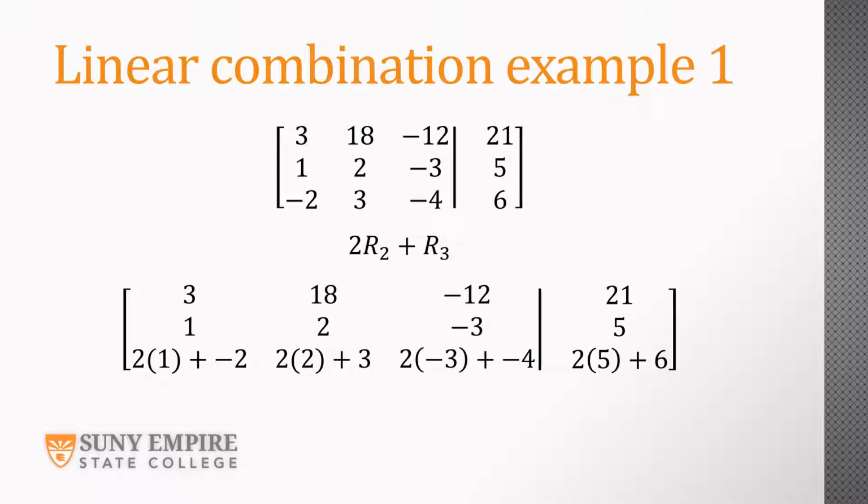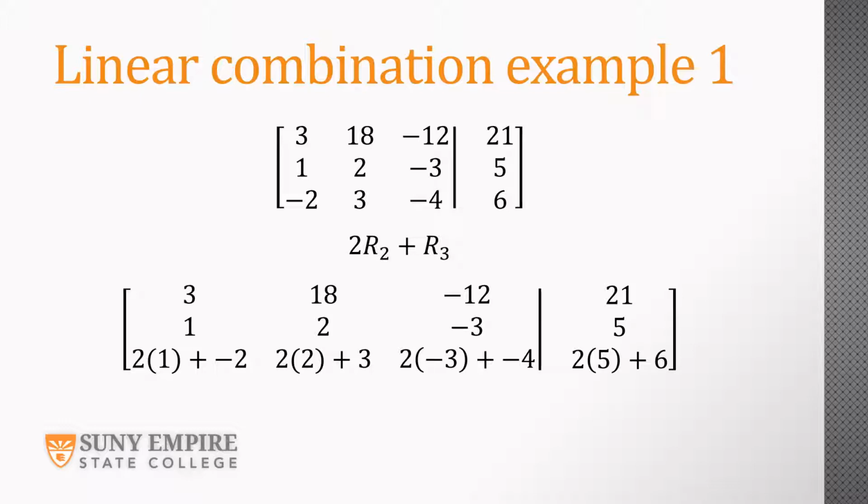When completing a linear combination, the row that is being multiplied by a scalar is our tool that we use to alter the row being added to. The row being multiplied does not change. So for our example, we can copy down row 2.